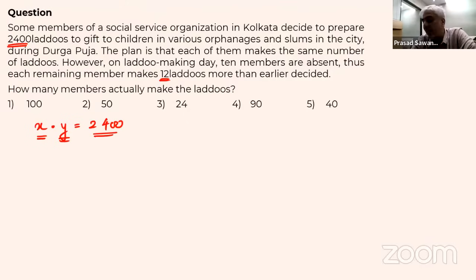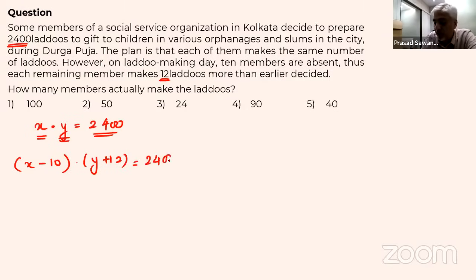But on the day of laddu making, 10 members were absent. So X minus 10 members came, and because of which everybody had to make 12 laddus more, Y plus 12. And this was also equal to 2,400. So you would open this bracket up, you will get XY plus 12X minus 10Y minus 120 is 2,400.